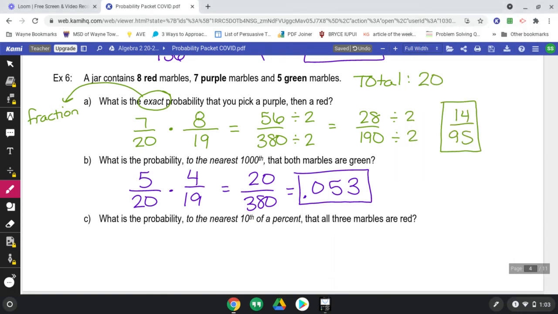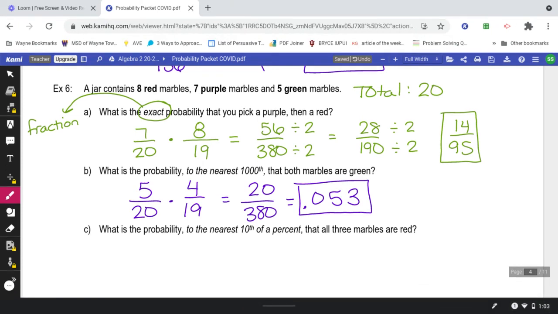Right, in the very last problem, what is the probability to the nearest 1/10 of a percent that all 3 marbles are red? So the first marble being red is 8 out of 20. The next marble being red, remember you have a red marble in your hand, so there's only 7 in there, and there's only 19 marbles.